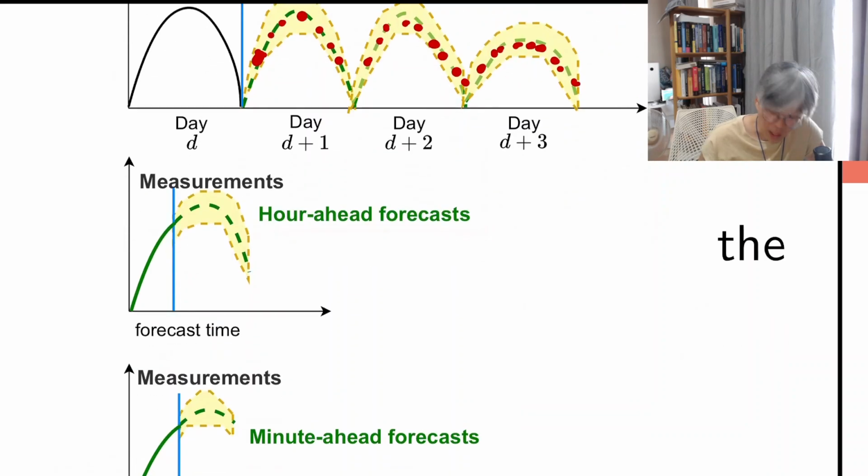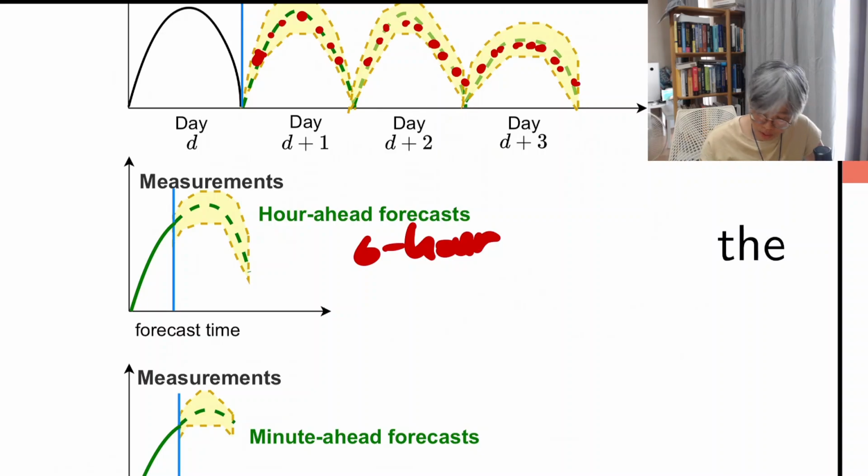Another example is hour ahead. Let's say my horizon is 6 hours. It means that at any time t during the day, I'm going to provide you these values, or the PI. But the furthest I go is 6 hours.